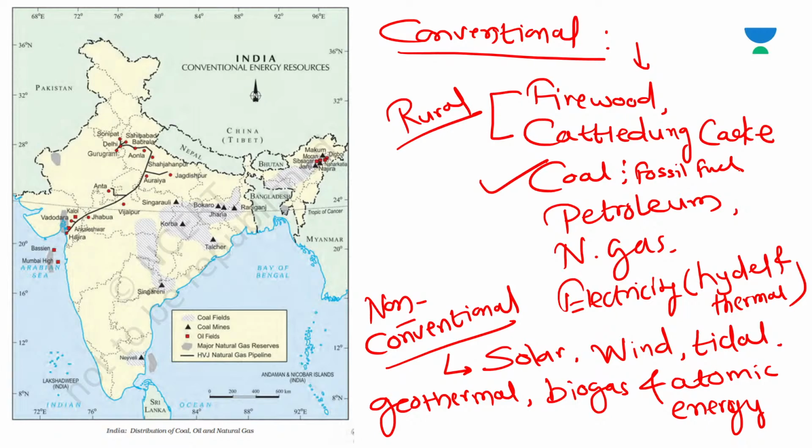So as we know, coal is formed due to compression of plant material over millions of years, as we have studied about the formation of coal.